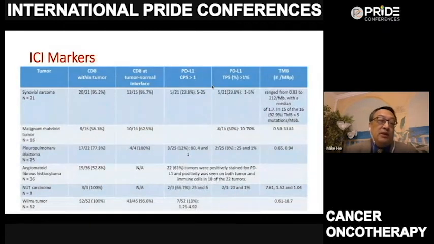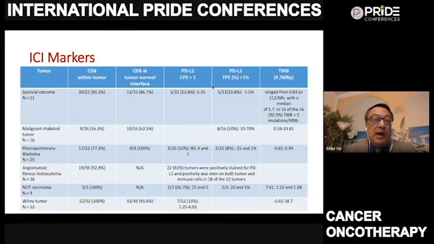So this one summarizes these markers in these different tumors. Again, we can see these tumors did have a significant percentage with a T cell immune response accompanied by the expression of PD-L1 and PD-1.